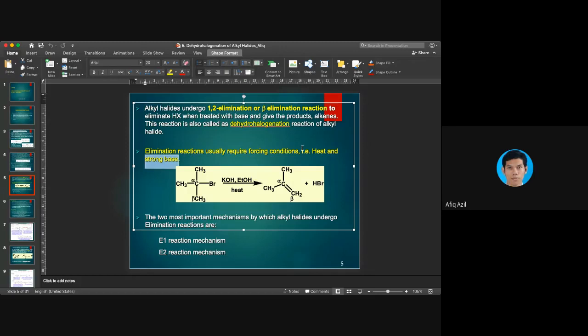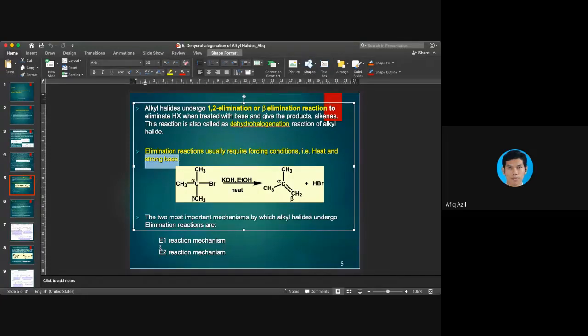If you are using methanol or ethanol as a solvent, you probably don't want to heat above the boiling point of ethanol. So you tak boleh nak panaskan lebih daripada 72 degree Celsius. Otherwise the ethanol will evaporate, right? So heat varies depending on the type of solvent each reaction uses.